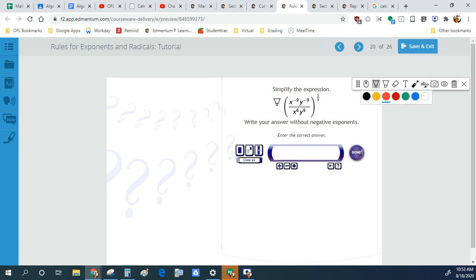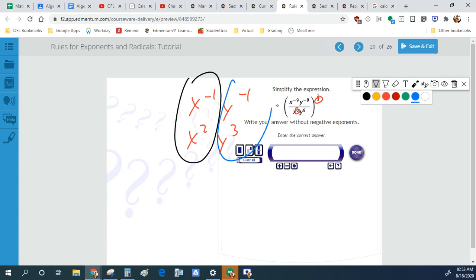All right, so I'm going to be dividing by 3. So I get x to the minus 1 divided by 3, y to the minus 1 divided by 3. I get x to the 2, y to the 3. So when I do this individually, I end up getting x to the minus 1 minus 2, and the other one is y to the minus 1 minus 3, because they're at the bottom.